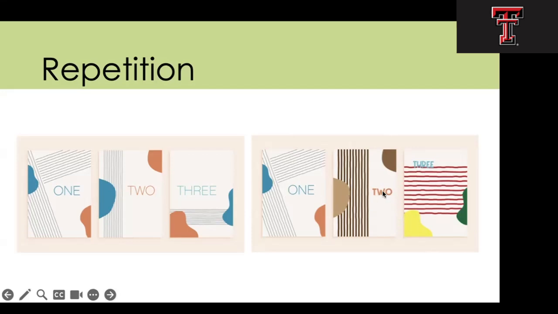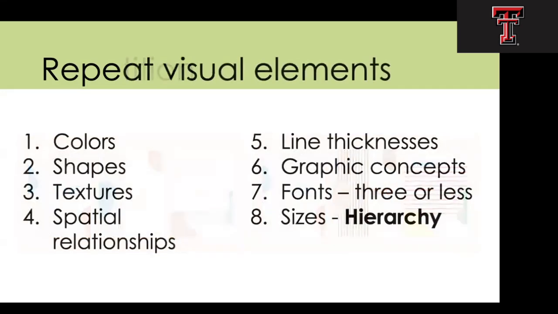This font and this font don't match in size or style or color or weight. So the one on the right is not using repetition. These would have to be from three separate publications, three separate companies for ads, whatever you want to classify those as. So that is how repetition is used in good design.